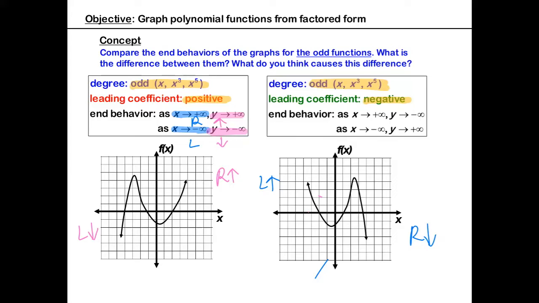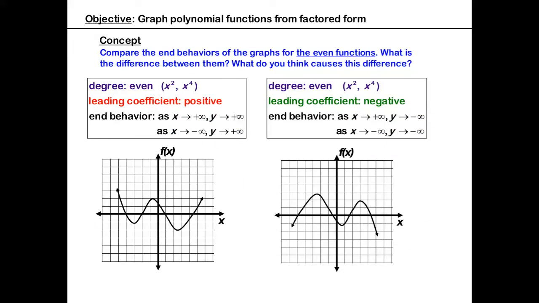So right side is now going down and the left side is now going upwards. So they changed because of that negative coefficient. The negative coefficient tells you to switch direction, okay? All right.